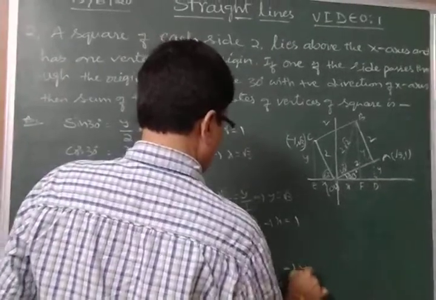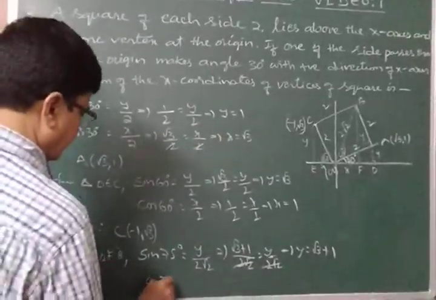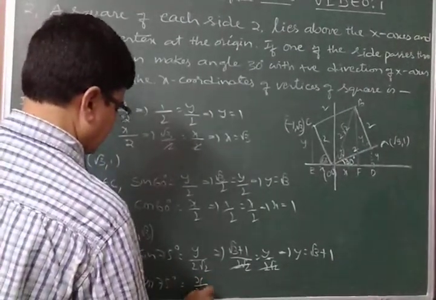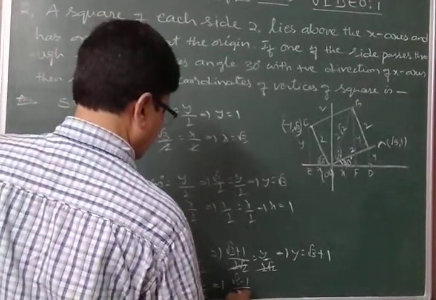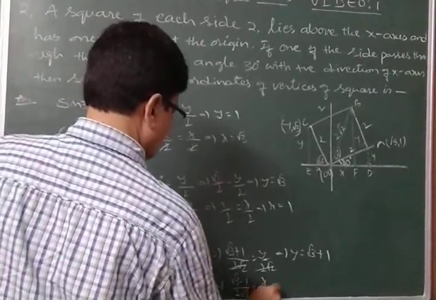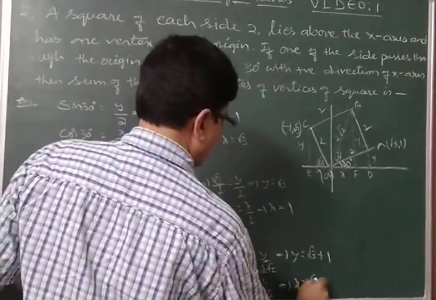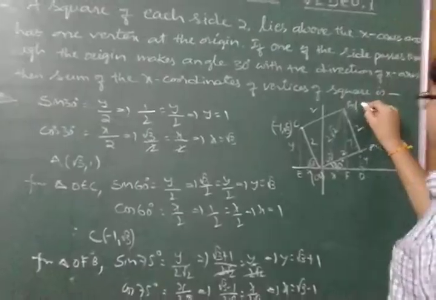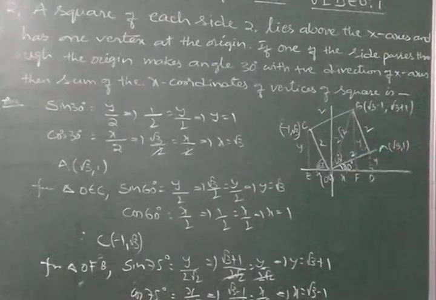So that implies y is equal to root 3 plus 1. And cos 75 degrees is equal to x by 2 root 2. So root 3 minus 1 by 2 root 2 is equal to x by 2 root 2. That implies x is equal to root 3 minus 1. So here (root 3 minus 1, root 3 plus 1) are the coordinates of vertex B.